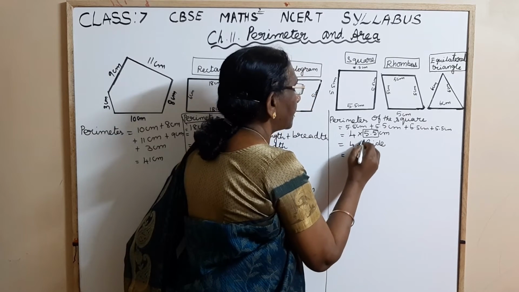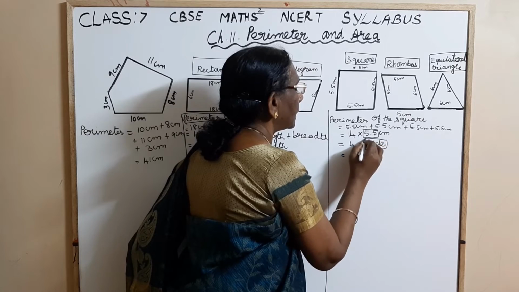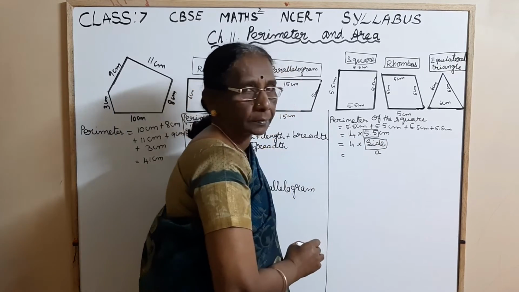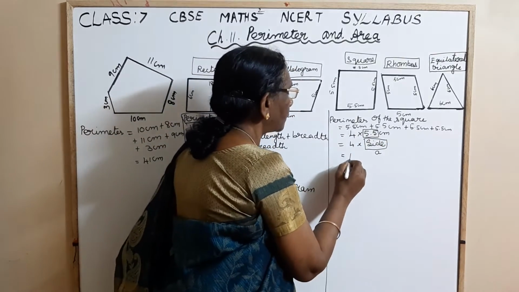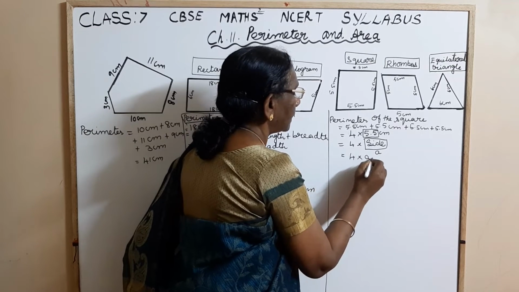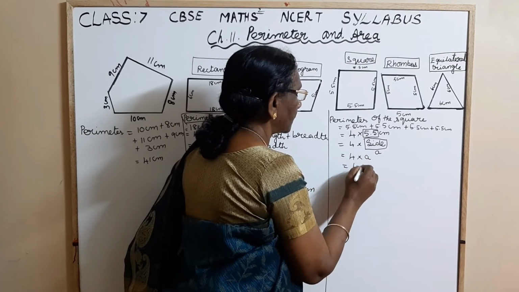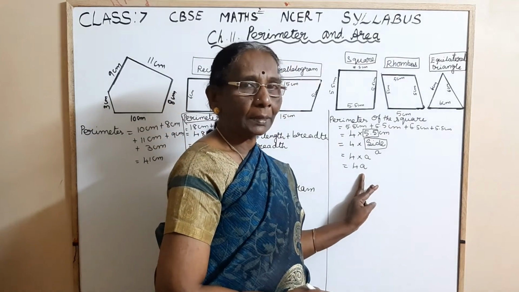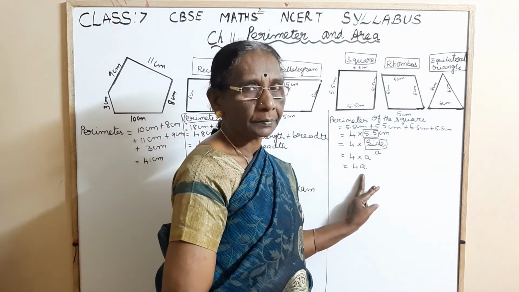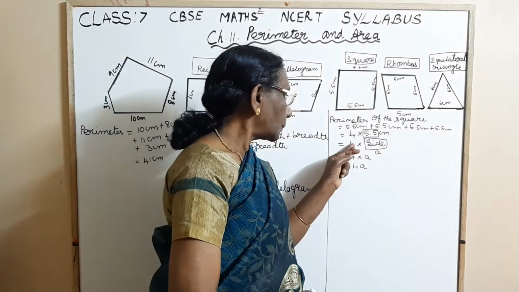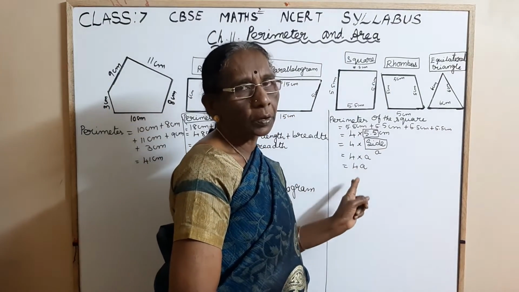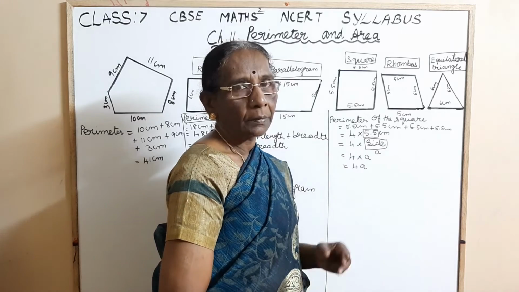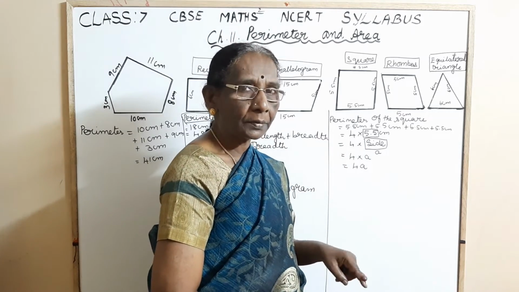Let us mention the side with the letter A. So 4 into A, that is equal to 4A. What is A? A is the length of the side of the square. Have you understood, children? Actually 4 into side, in short form 4A, you can keep in mind, where A is the length of the side of the square.